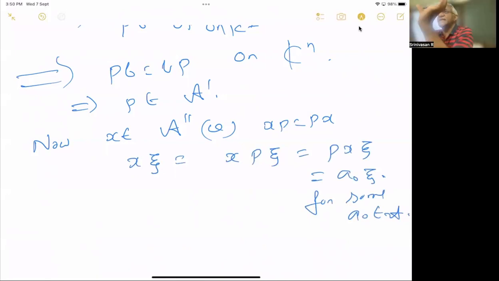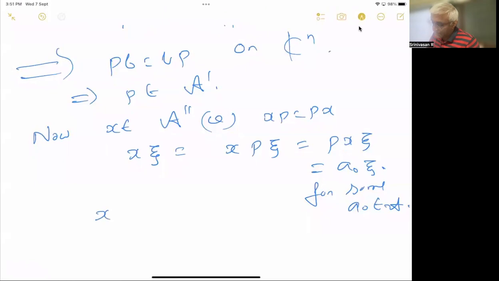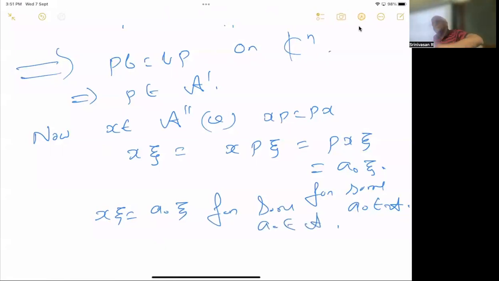You take that vector xi. I can write it as X times P xi. But since X commutes with P, you can take the P outside. So this is equal to P X xi. X xi is some vector in C^n, and P acting on that will bring it to K. But K is just script A xi, so it has to be of this form. So X xi equals A naught xi for some A naught in A. We started with an arbitrary vector xi, and corresponding to that vector we got an A naught.